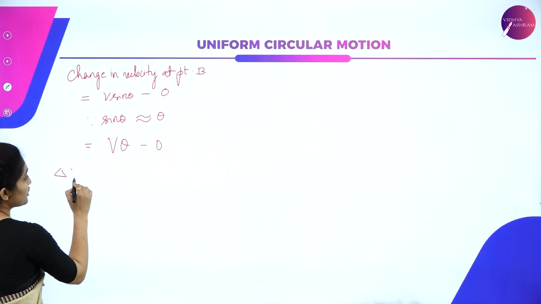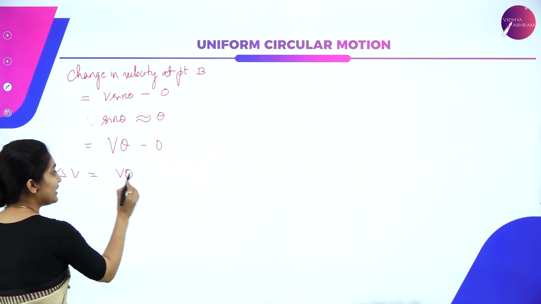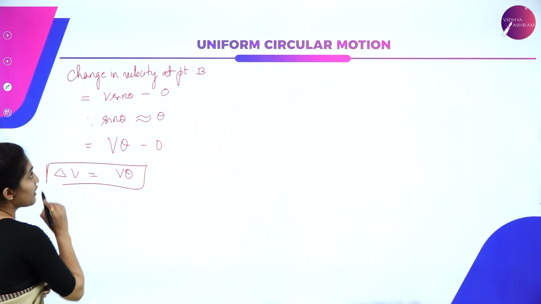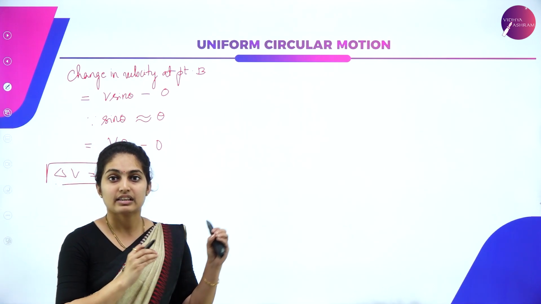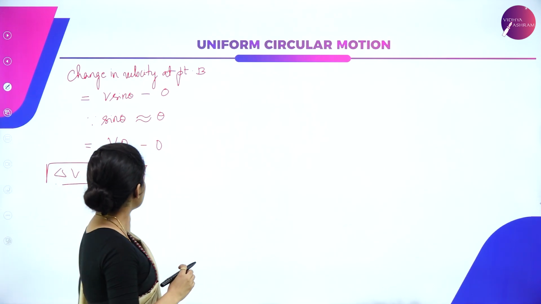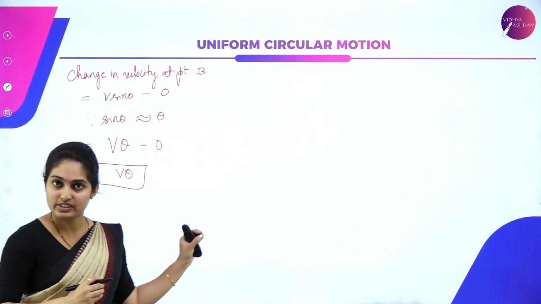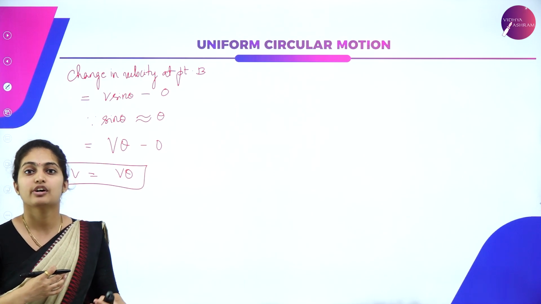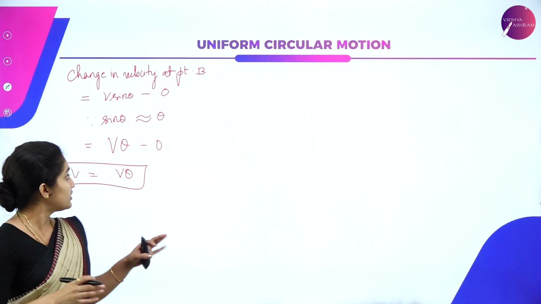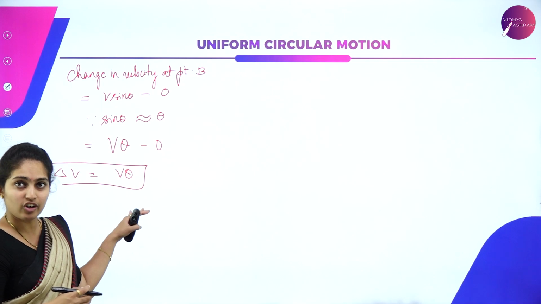So the change in velocity here is nothing but V theta. We have got two sets of equations, and V theta is the change in velocity at point B. We just consider it and analyze it further.